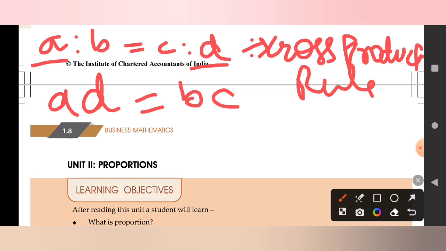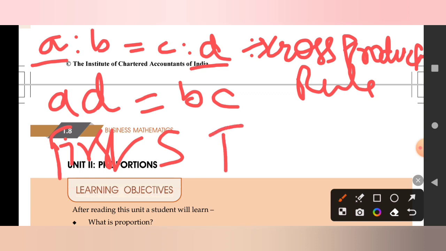A, B, C and D are the terms of proportion. So A is the first term, B is the second term, C is the third term and D is the fourth term of proportion, right?